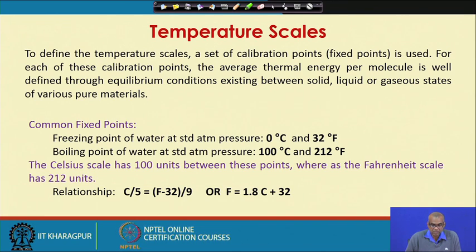The Celsius scale has 100 units between these points, whereas the Fahrenheit scale has 180 units between these points. The relationship between Celsius and Fahrenheit is well known: C by 5 equals F minus 32 by 9, or F equals 1.8 multiplied by C plus 32.